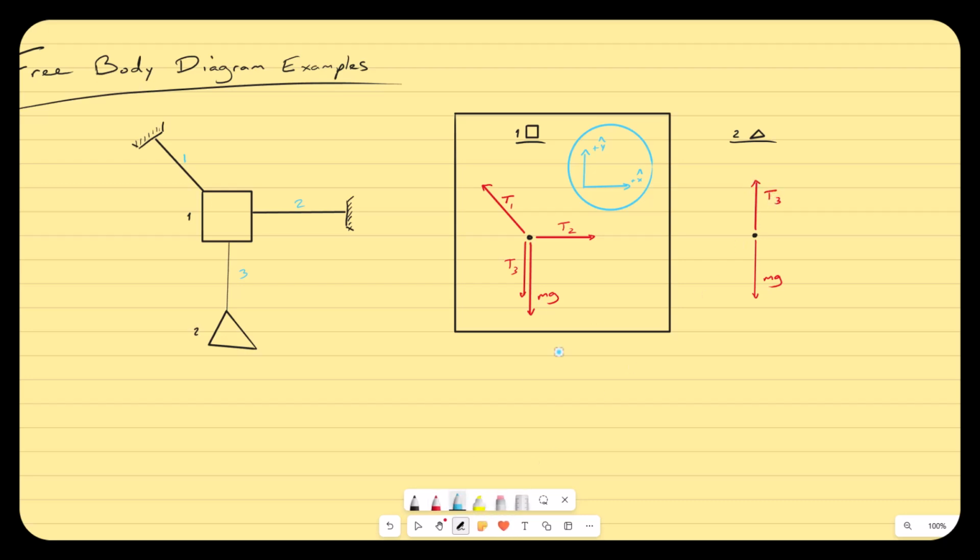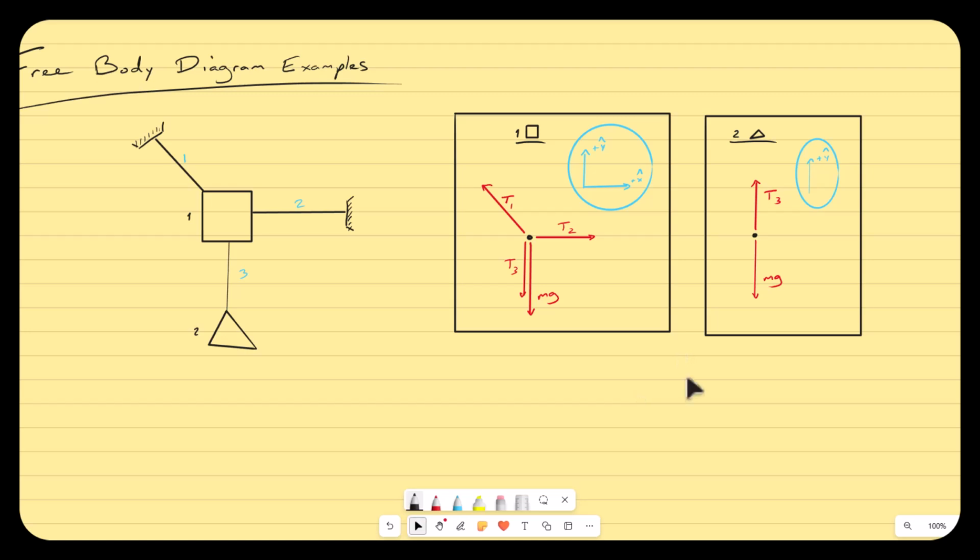T3. I'm going to call upward again my positive y-axis. Not even going to label an x-axis because there's nothing going on horizontally at all. And there's my free body diagram for the triangle.